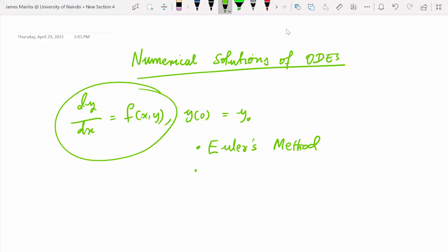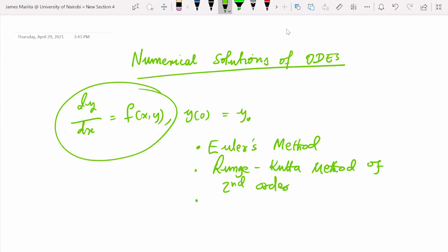Then we have the Runge-Kutta of second order.